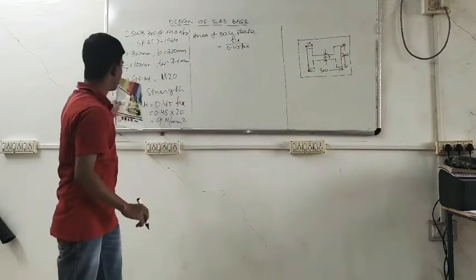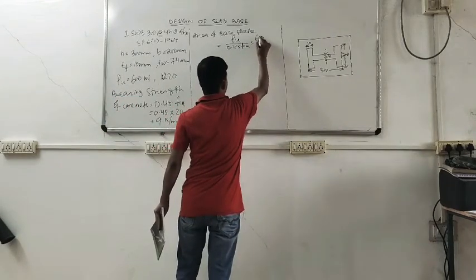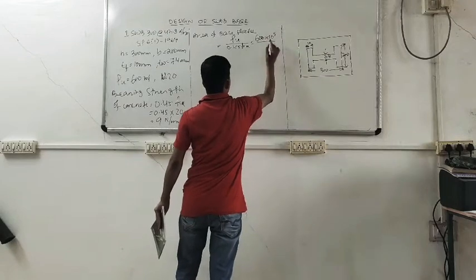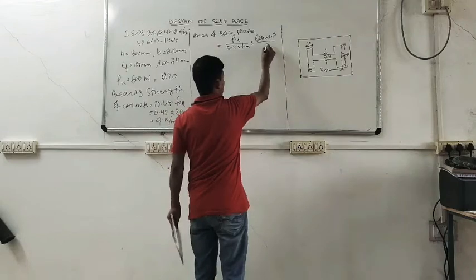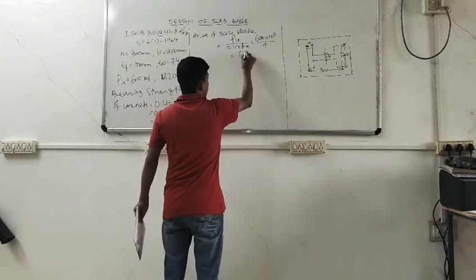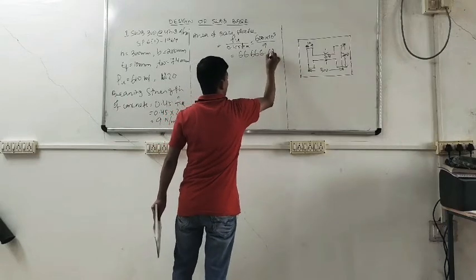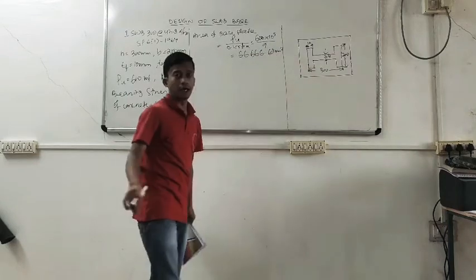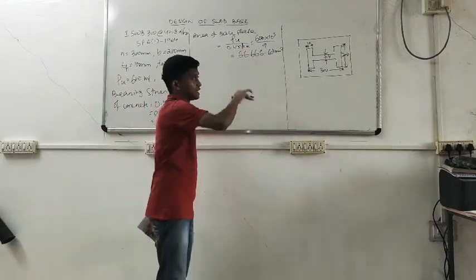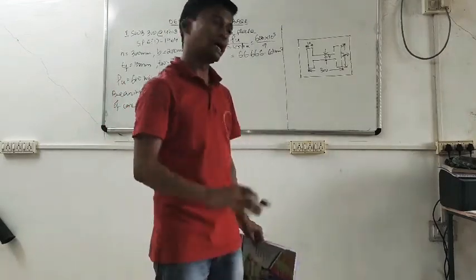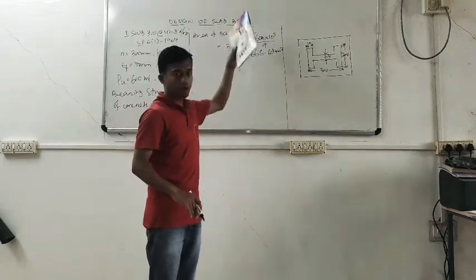Pu is already given as 600 kilonewton, so convert it to Newton: 600 into 10 to the power 3, divided by 0.45 fck, which we have already calculated as 9. This gives you 66,666.67 mm square. You have to consider a base plate of at least this area, so take a base plate whose area is above this value.